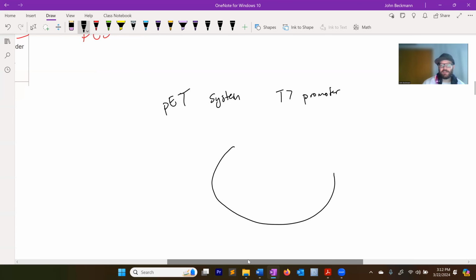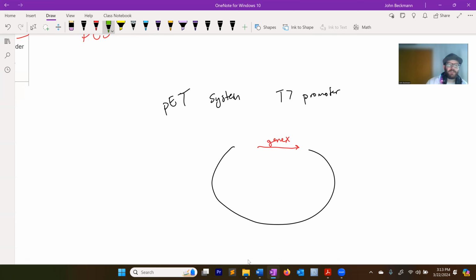Okay, so in a pET plasmid, you have a multi-cloning site where you insert your gene X. pET plasmids are almost universally for recombinant protein expression, so they're optimized for this specific purpose. And they actually have 2 regulated promoters, not 1, but 2. One of these is called the T7 promoter. That's the more outside promoter. And the internal promoter is that special lac operator.